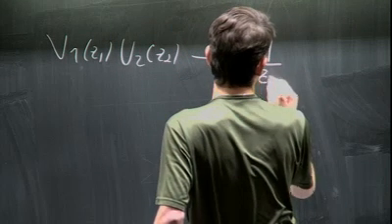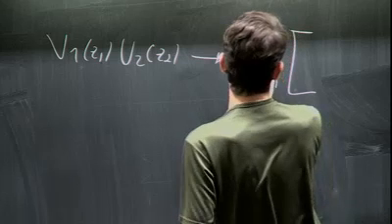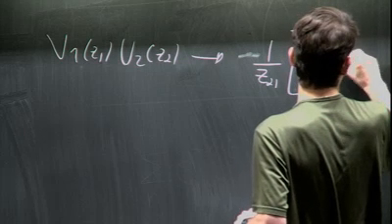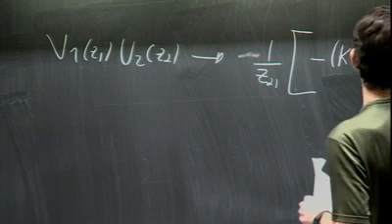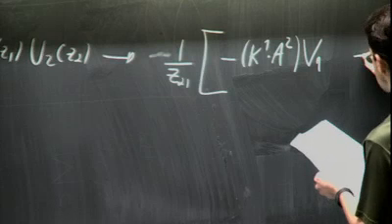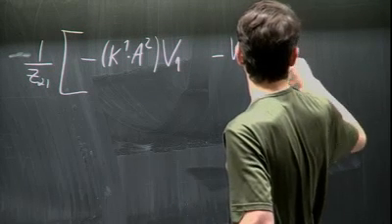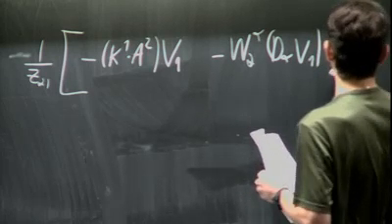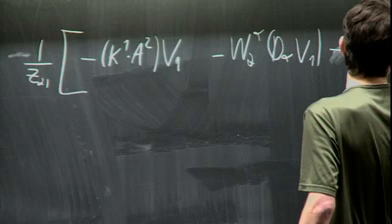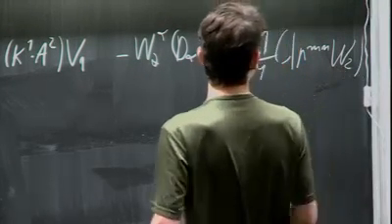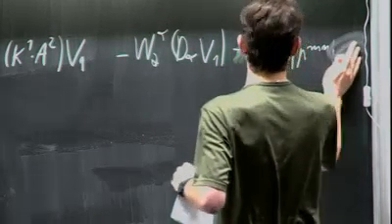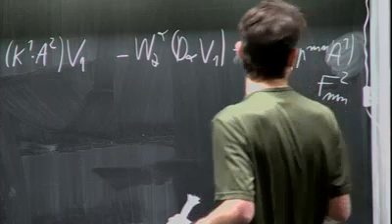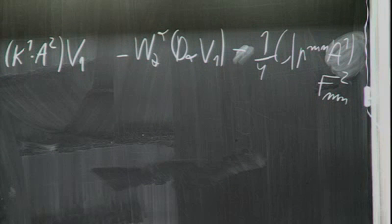You will get minus z12, minus k1 dotted into A2_m V1, and then the other term is minus W2 D_alpha V1, and the other term is plus or minus 1/4 A1 multiplying F2_mn. Right?